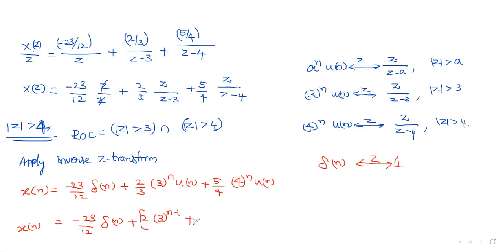Plus, I will take u of n common, 2 into 3 power n minus 1. Similarly here 5 into 4 power n by 4, that will become 4 power n minus 1 whole into u of n. So like this you can represent. So this is the partial fraction method to find the inverse Z transform.